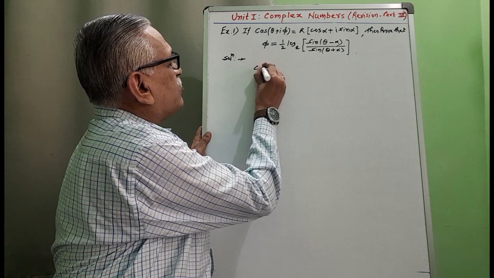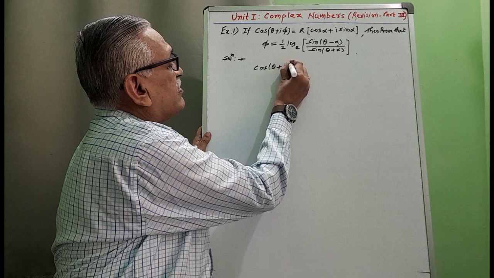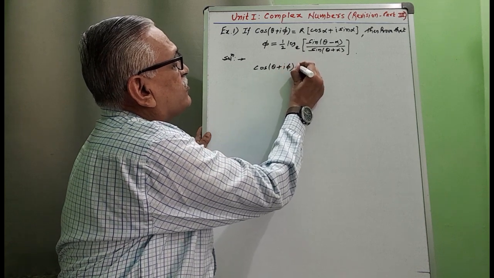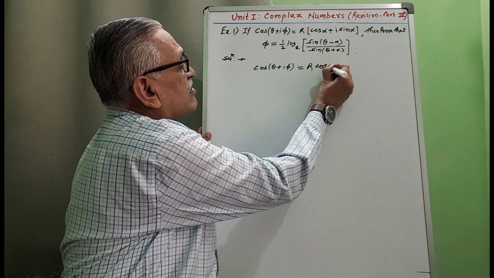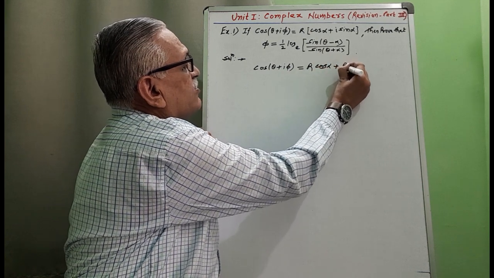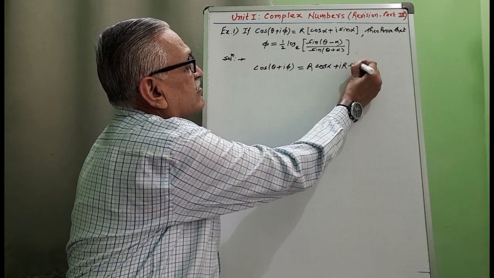Left hand side is cos of theta plus i phi, and that is equal to r cos alpha plus r into i sin alpha.